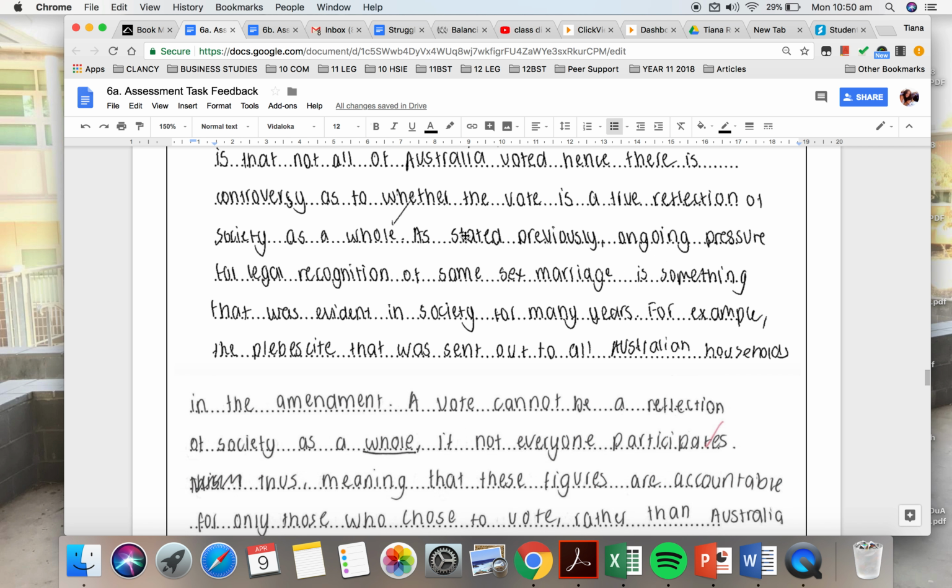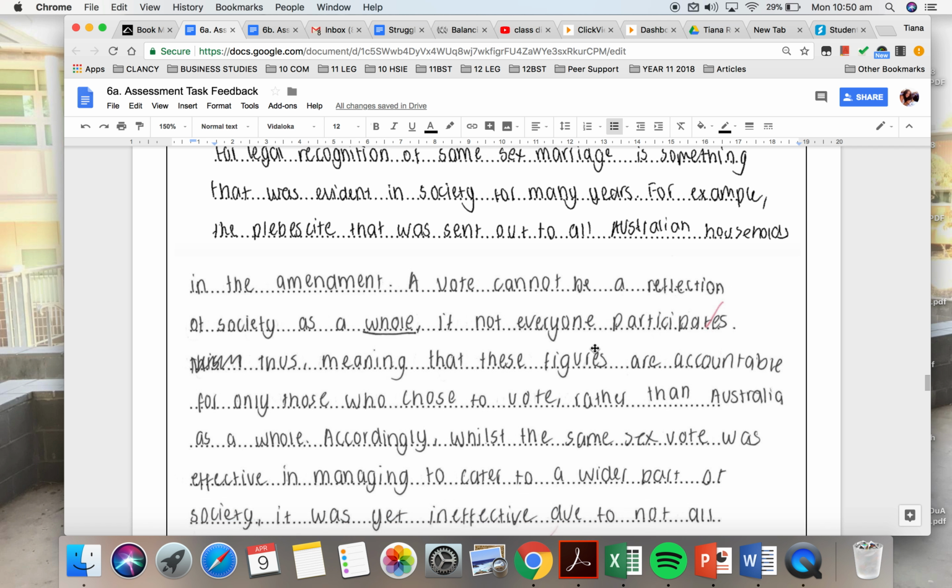As stated previously, ongoing pressure for legal recognition of same-sex couples is something that was evident in society for many years. For example, the plebiscite that was sent out to all Australian households in the amendment. A vote cannot be a reflection of society as a whole if not everyone participates, thus meaning that these figures are accountable for only those who choose to vote rather than Australia as a whole.